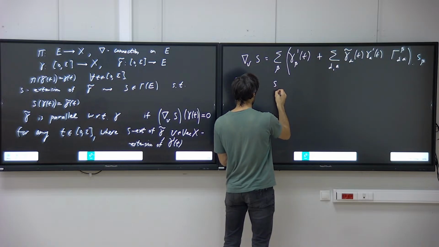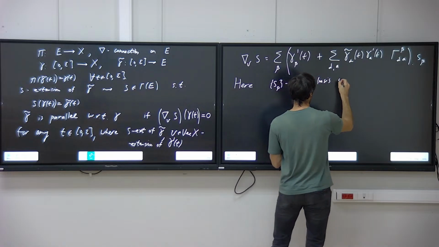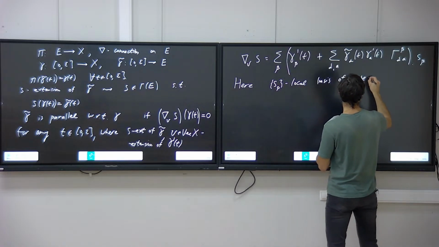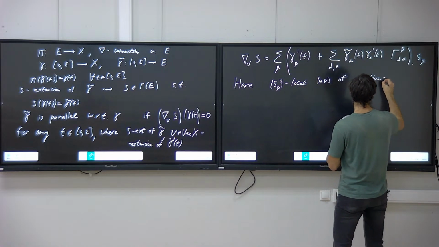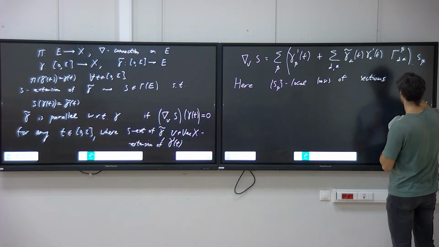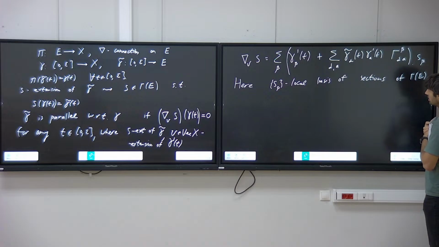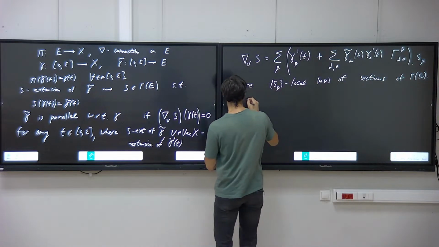So here S beta is the local basis of sections of E around some point.